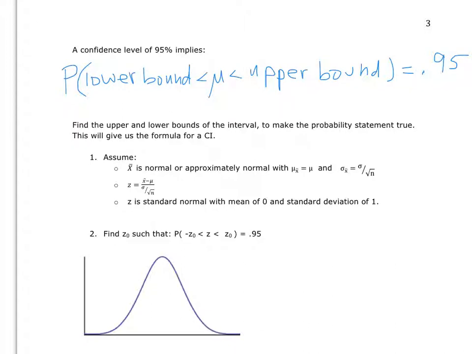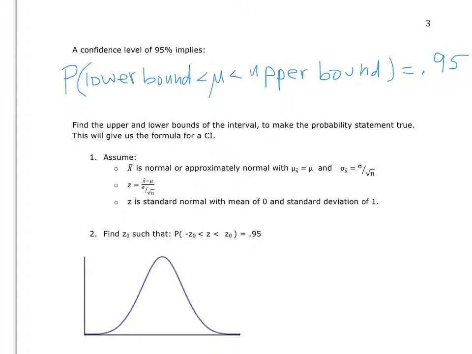Okay, so if we take the lower and upper bound of the confidence interval, the probability that the true mean is between those is equal to whatever confidence level we choose. So we're assuming we have a 95% confidence level. So this would be the probability statement for that. So we want to figure out a way to calculate the lower bound and upper bound such that this probability statement is true. And then in doing so, that's going to give us a way to calculate the confidence interval.